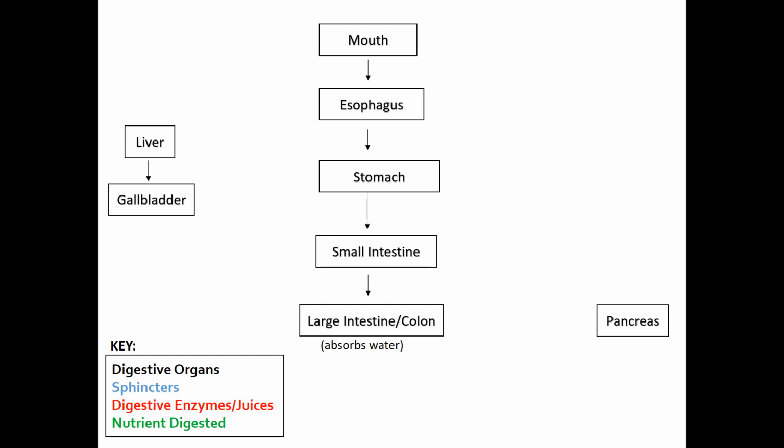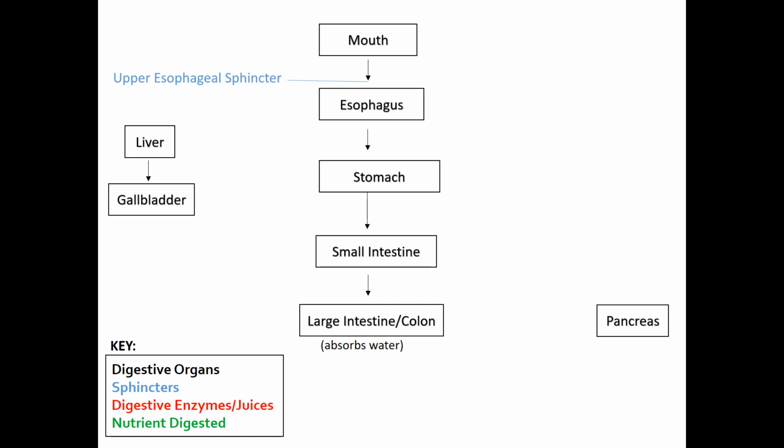So let me show you an example. The very first one is between the mouth and the esophagus, and we call it the upper esophageal sphincter. Now, the purpose of this sphincter is to prevent food from backsplashing into your mouth after you've already swallowed it.